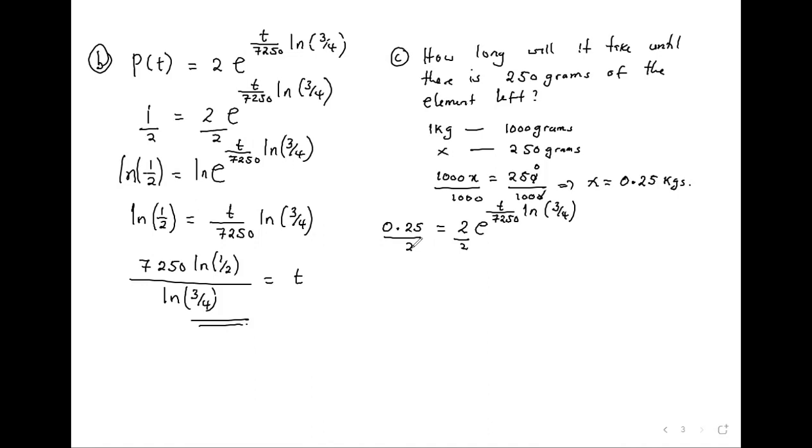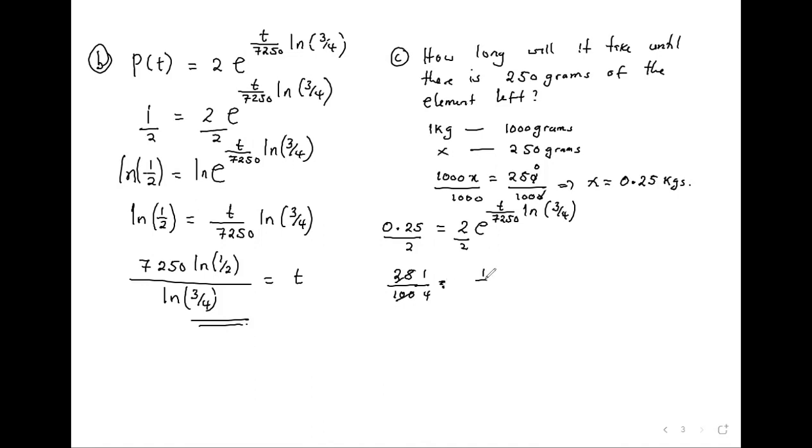If you don't want to have a fraction, 0.25 is just like 25 over 100, which is 1/4.